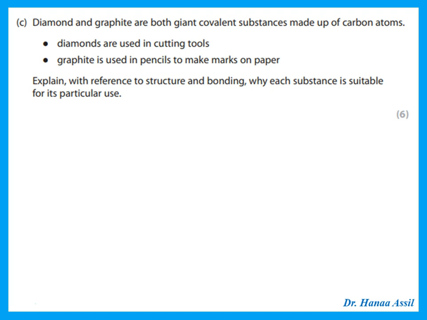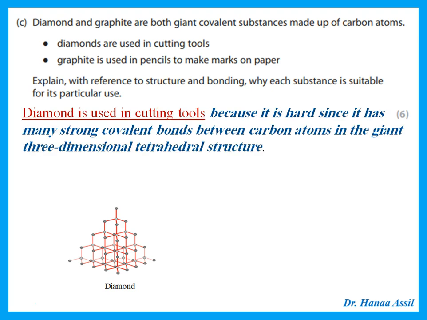Now, if we use diamond in cutting tools, that is because diamond is hard. And why is it hard? Because it has giant three-dimensional tetrahedral structure. It has many strong covalent bonds between the carbon atoms. So this makes it very hard, and that is why it is used in cutting tools.